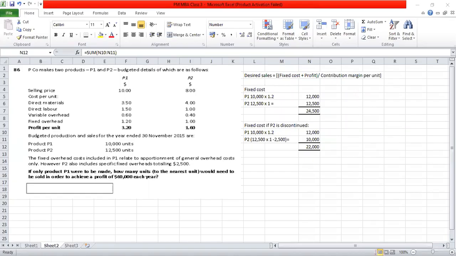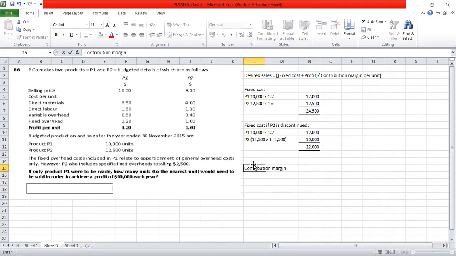You see the next one? Yes, ma'am. The variable cost in this case will be 4 point. Contribution will be 4.4. Like we can mention here, it will be easier. Okay, fine. I'll do that. What is contribution margin per unit? 4.4.